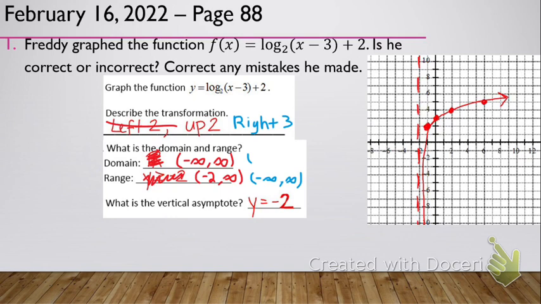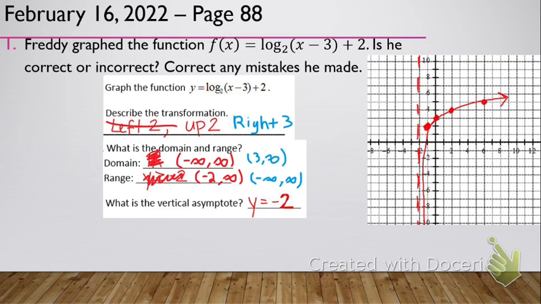It's h to infinity, right? So Freddie uses k for the range, to limit his range, but with a logarithm we use our h to limit our domain. So we just talked about how our h is 3. So it should be 3 to infinity, okay?